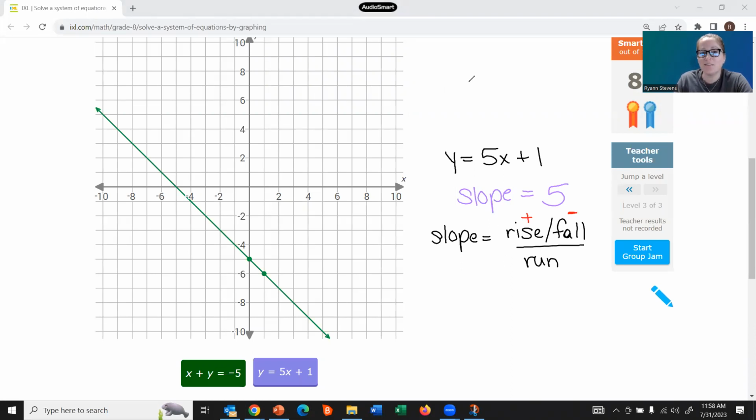And so in this case, we have a +5. So that's going to tell us that we are rising 5 places. And then as that whole number, we can write that over the number 1 as well as a ratio. So we would be rising 5 places. We're going to run 1 place. And then our y-intercept is going to be at +1. Or we could say this is going to be at 0, +1.